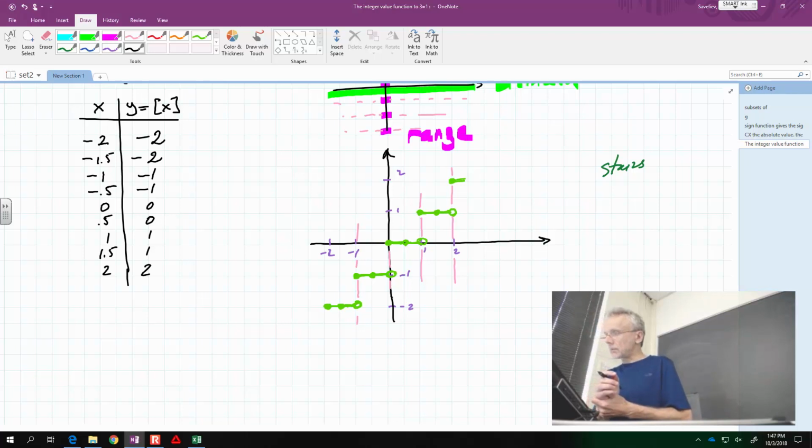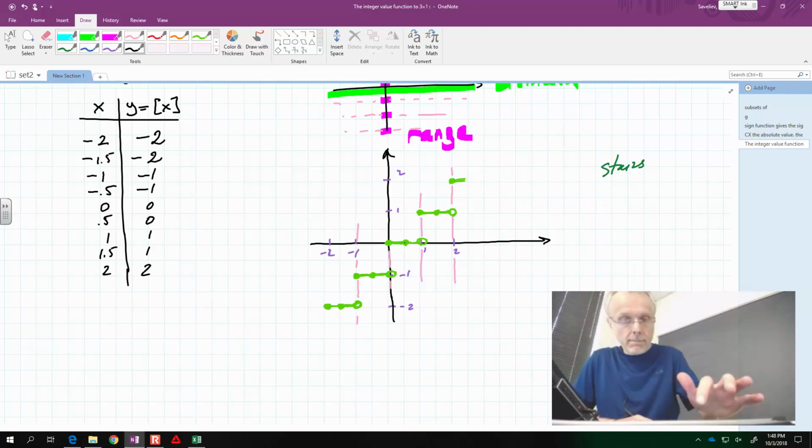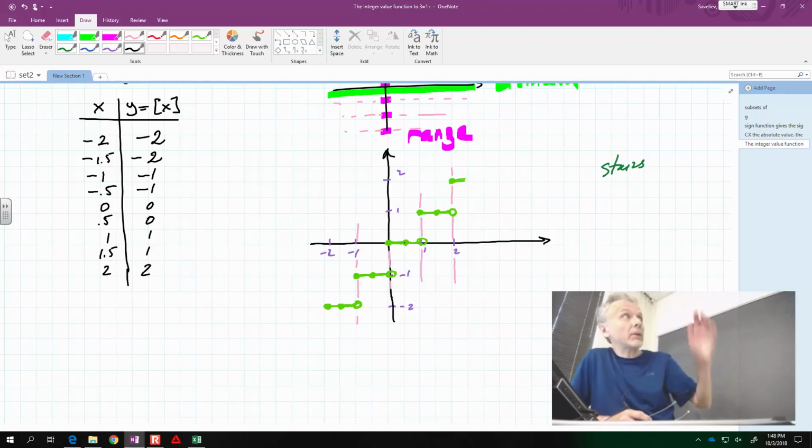Okay, so the question that remains: do you see any symmetries? Well, there are two main symmetries, so let's check them out one by one. The mirror symmetry? No, right, because if you flip it like this, there will be a different graph. The rotation, however: try to rotate it 180 degrees.